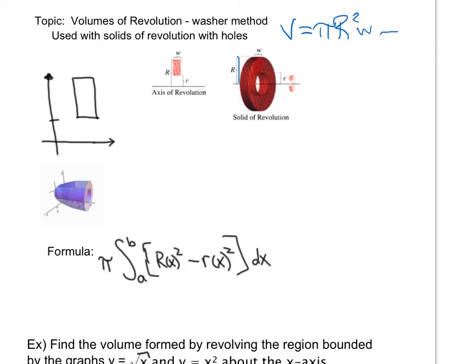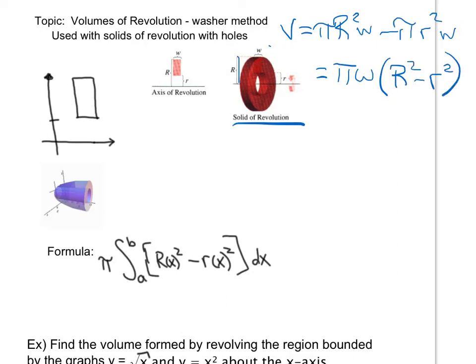Well, the inside cylinder has a radius that's labeled little r. So I'm going to do pi times r squared, because remember I'm finding the area of the base times the height of the solid. The height of that inside cylinder is still W. And if I factored this, I'd get pi W times the big radius squared minus the little radius squared. And that would give me the volume of my solid of revolution that we call a washer.